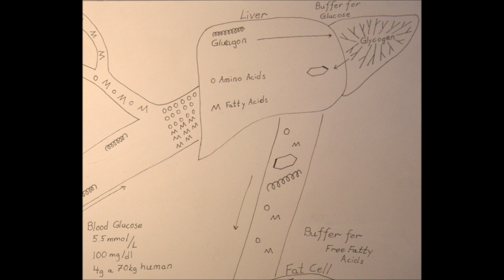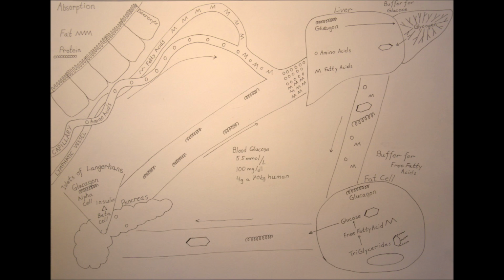glucose of 5.5. To the complete picture, this is to keep the blood glucose at 5.5. The fat and the protein are coming to the liver. Glucagon is taking out glucose from the glycogen.